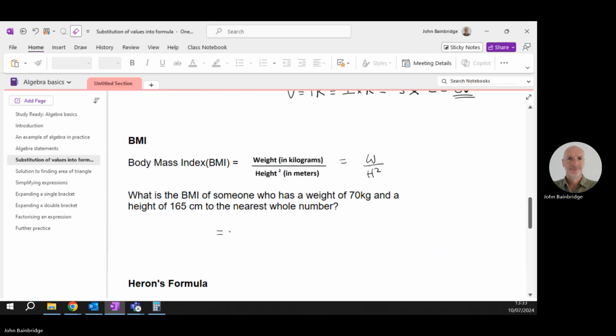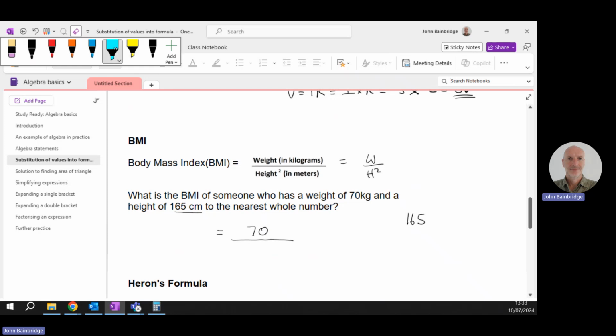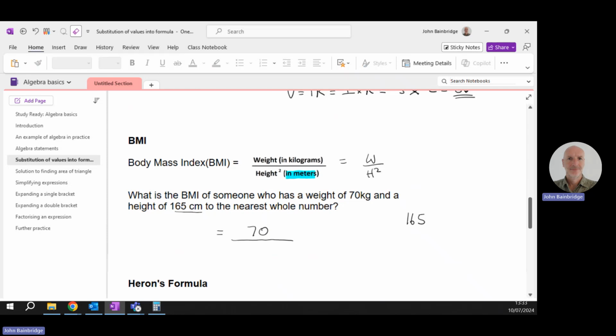So you have to put the weight at the top, 70, and then we have to put the height at the bottom. Now here we have to be careful. We don't just put 165 squared. We've got our height in centimeters. So we have to look at the formula and make sure the units are what it's asking for, in this case, meters.